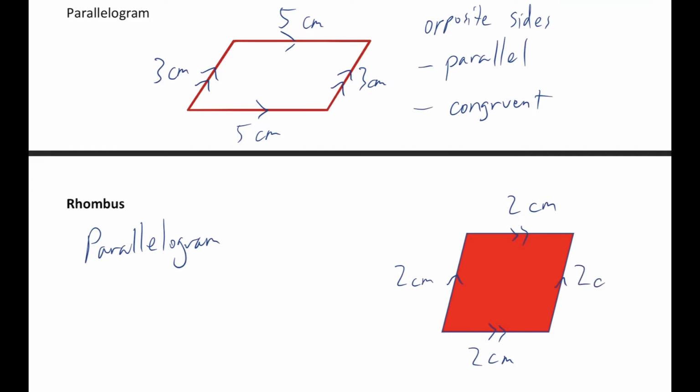If this is 2 centimeters, then this is 2 centimeters. But a rhombus is a special type of parallelogram because it's a parallelogram where all sides are congruent. So if I were to only give you one side of a rhombus, you would automatically know that all 4 sides are the same. So that helps out quite a bit.